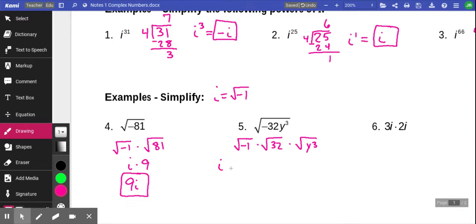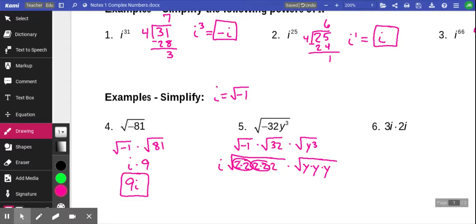The square root of 32, I could rewrite as the square root of 2 times 2, that's 4, times 2, that's 8, times 2 is 16, times 2 again, that's 32. And y to the third, I could rewrite as y times y times y. So taking the square root means I'm looking for groups of 2. So here are 2 2's, here are 2 2's. We have a remainder of 2 left here.